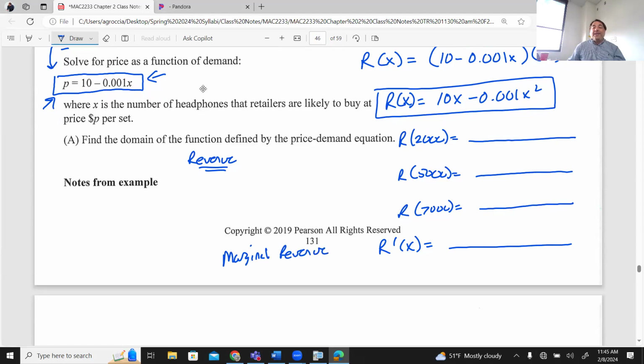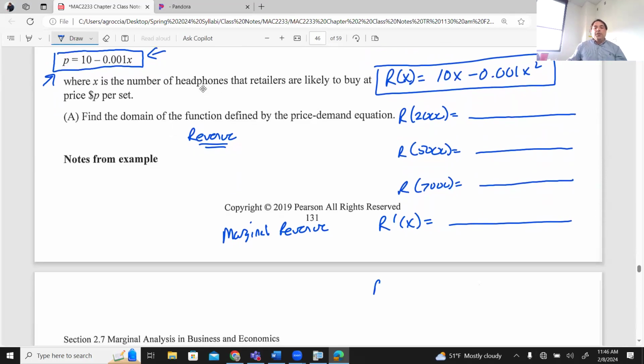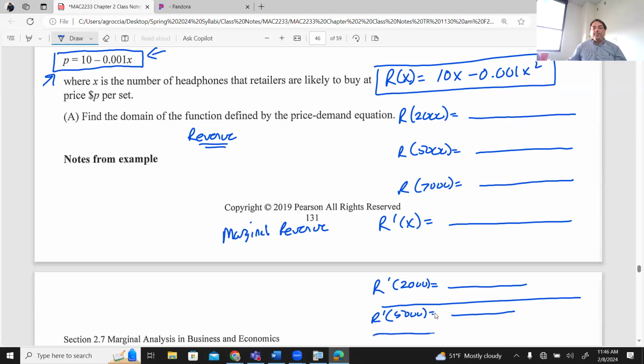And we're going to do the same thing. We're going to find the marginal revenue at 2,000 and explain it. The marginal revenue at 5,000 and explain it.